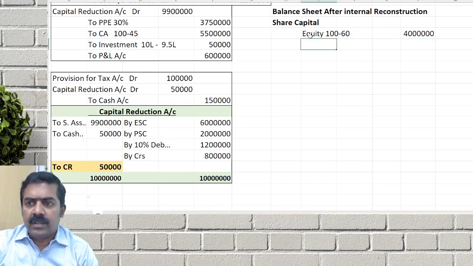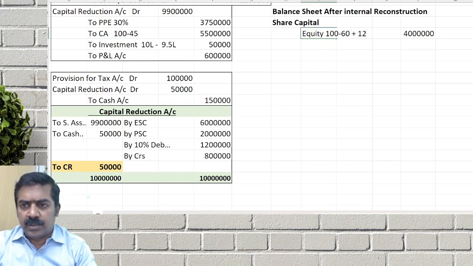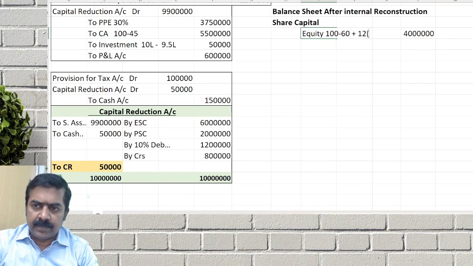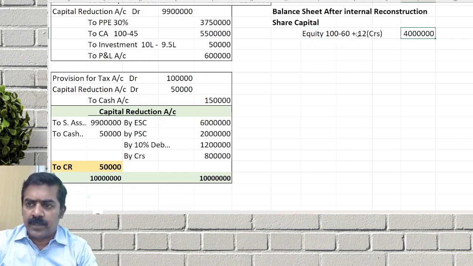Plus 12 lakhs, the equity shares given to those creditors. So how much will come? 52 lakhs will come. Preference share capital 50 lakhs minus 20 lakhs, 30 lakhs will come.